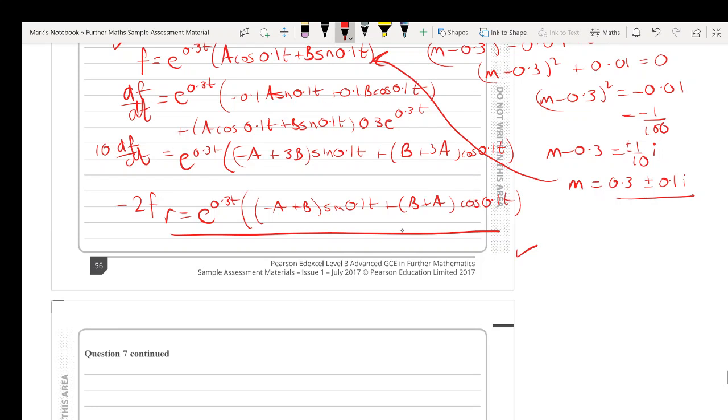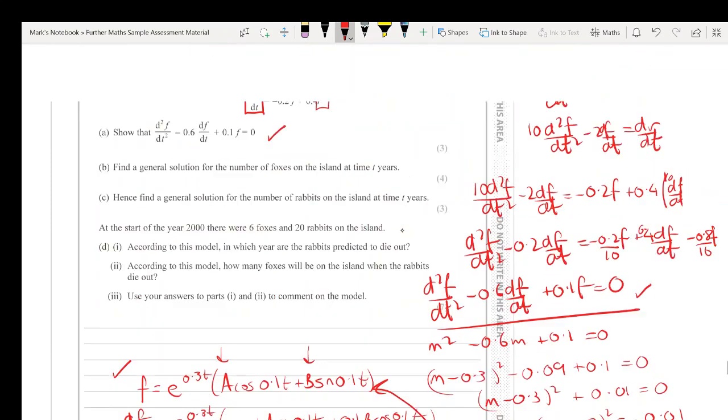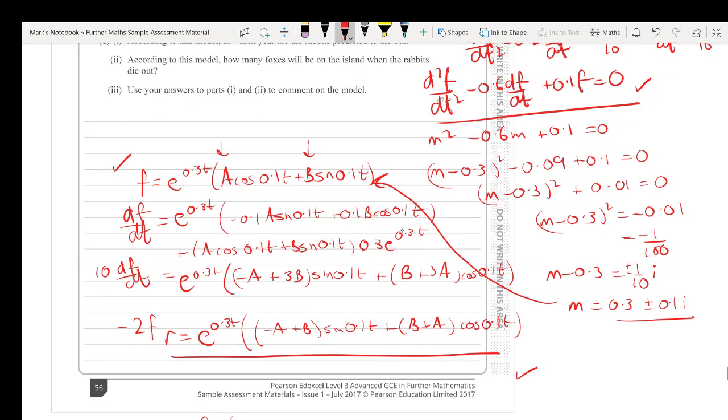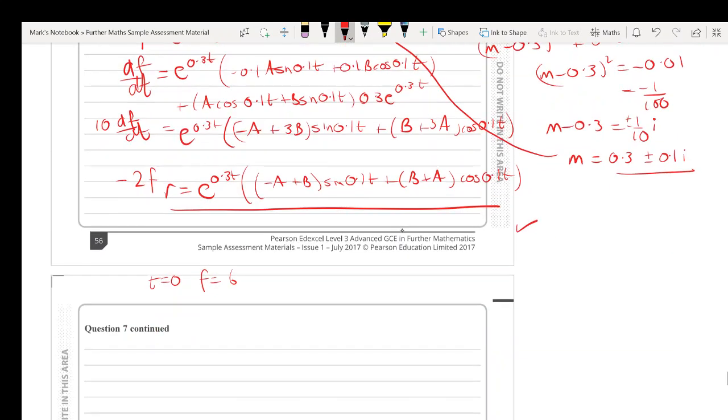So we will get when t equals 0, f equals 6. And how many rabbits? 20 rabbits. R equals 20.